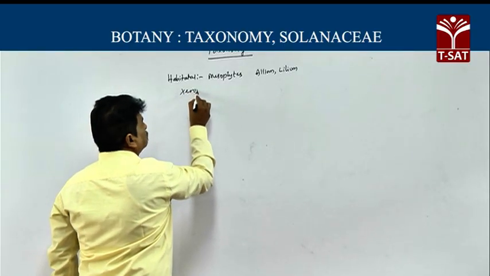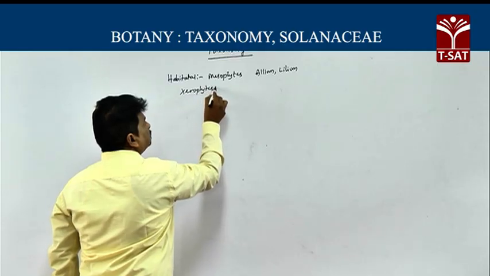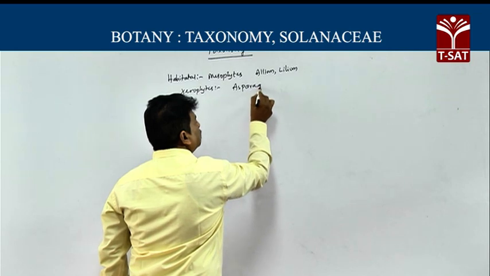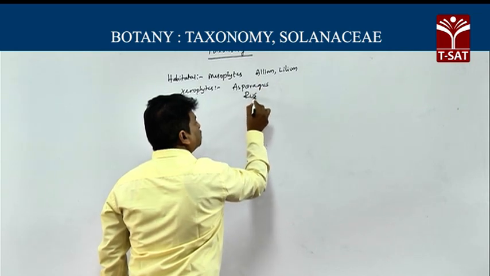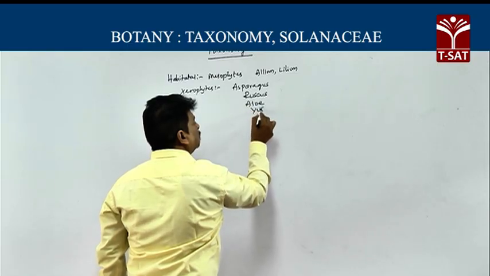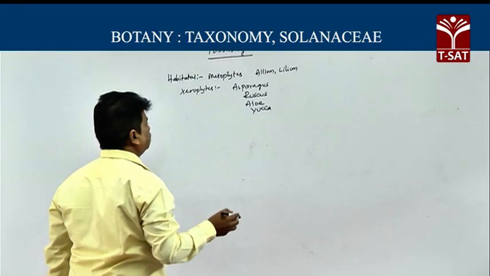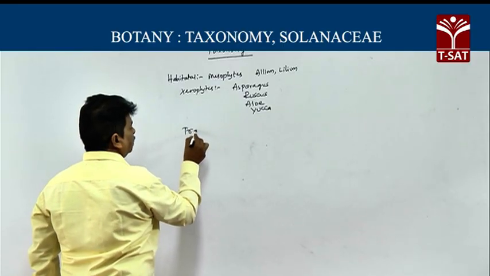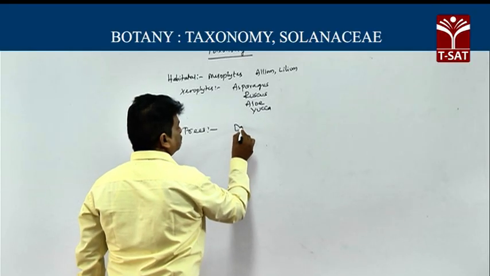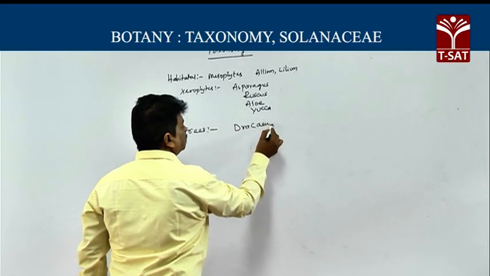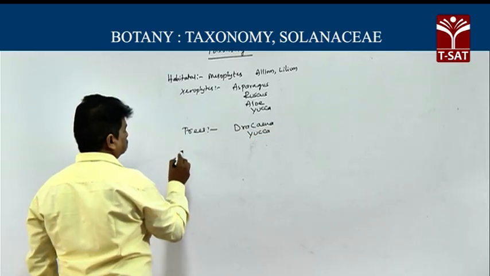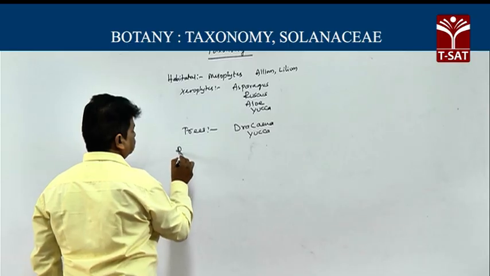The next one, xerophytes: asparagus, ruscus, aloe, yucca. These are xerophytes. The next one, trees: Dracaena and yucca. The next one, vegetative characters.